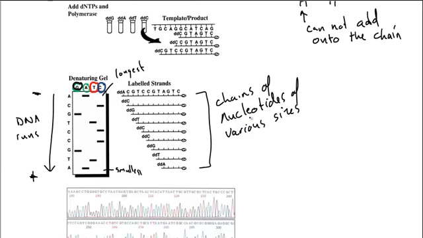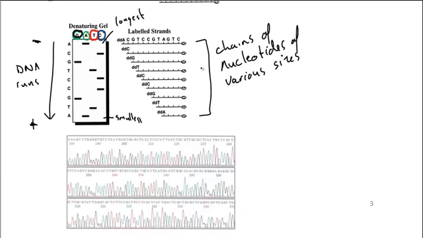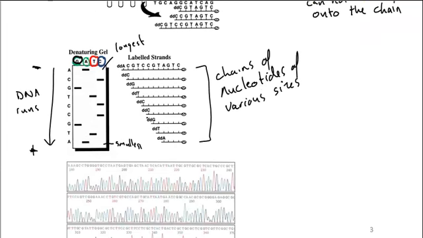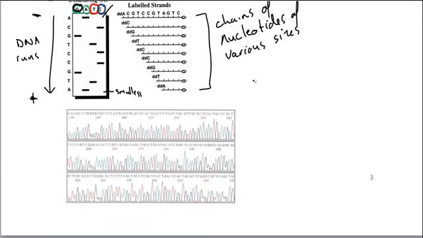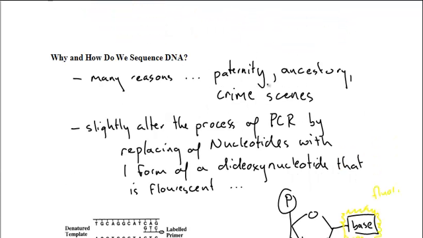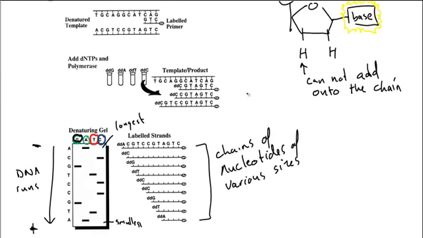So through a little trick of adding a dideoxynucleotide that's fluorescent, they're actually able to sequence the DNA. Once they sequence the DNA, then they can use it to compare to parents' DNA, ancestry DNA, so are you related to that mummy or whatever, and crime scene DNA.